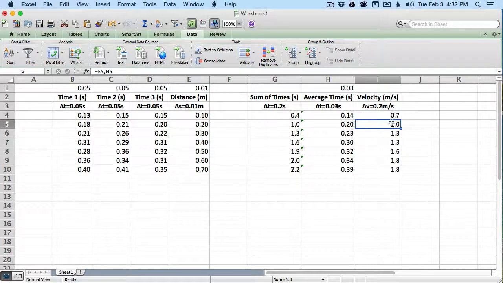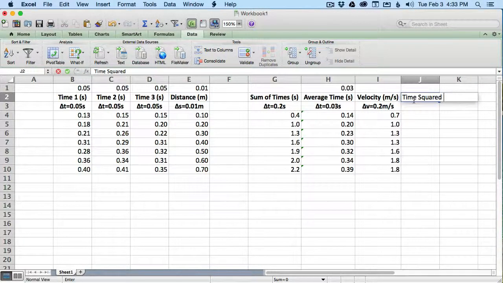Now, let's imagine that we want to take these times and we want to square the times, or we want to cube them, or whatever. Again, this isn't any particular lab I'm thinking of. We're just playing with some numbers right now. So I want to go ahead and say this is going to be times squared. Of course, the units of times squared are seconds squared. By the way, in Excel, you cannot do superscripts or subscripts, but when you paste this into Word, you can.